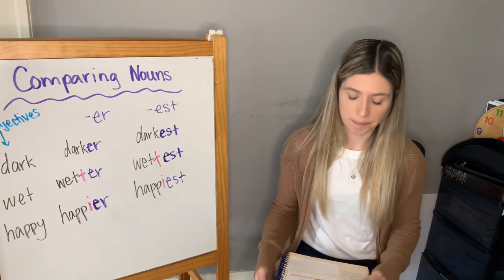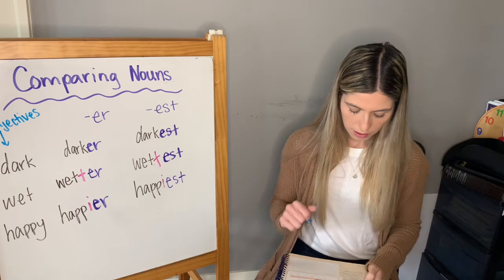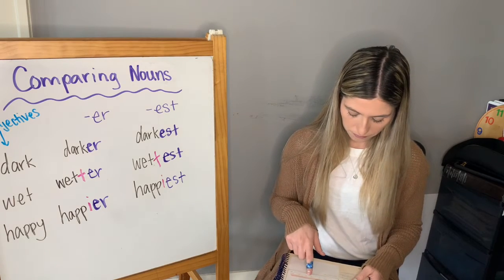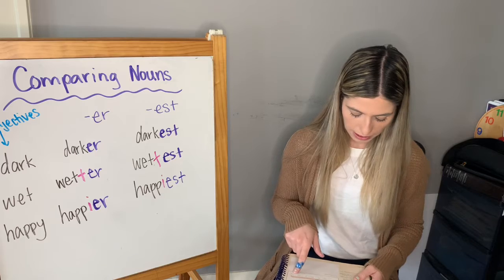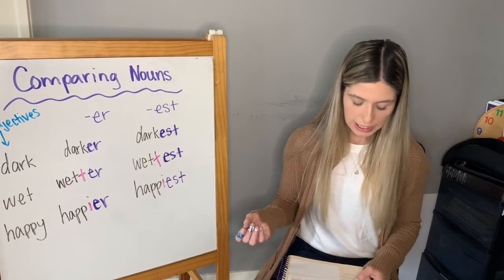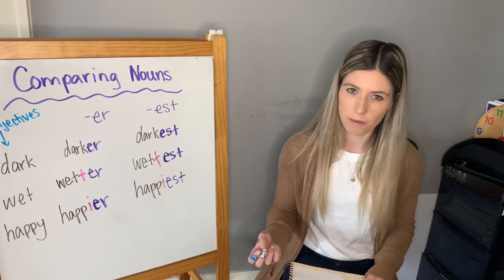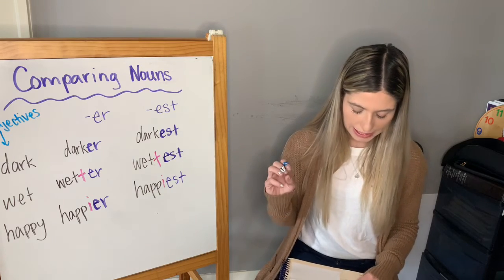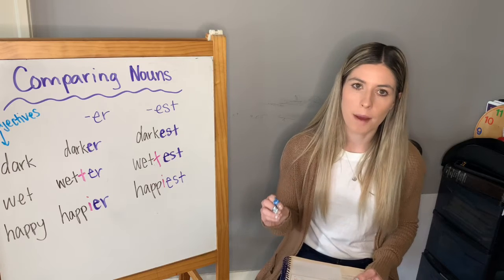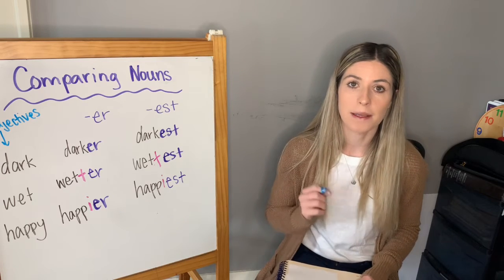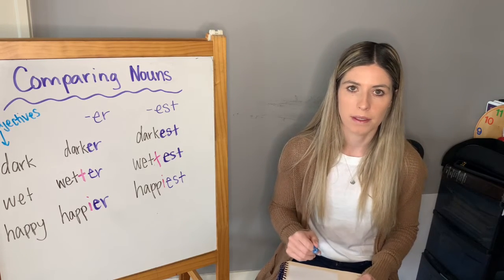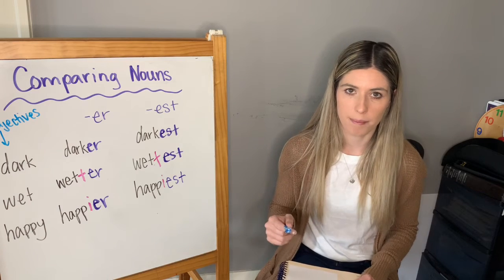Better job. And the last one, on his last test, he did the goodest job he has ever done. That's not right. What would I say? He did the best job he's ever done, right? Best job.